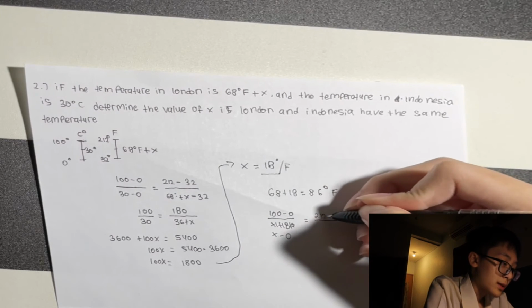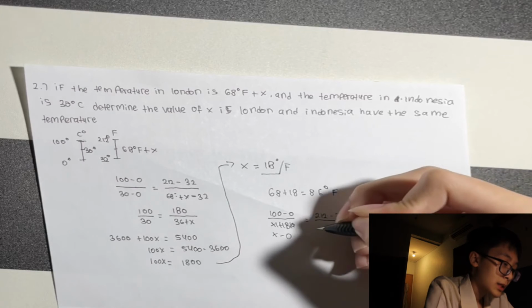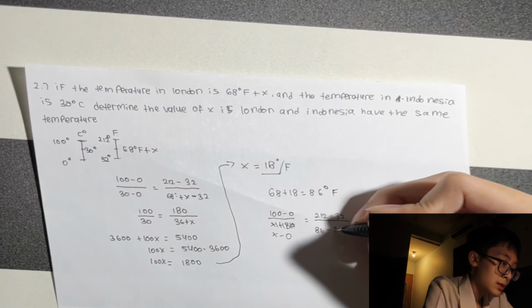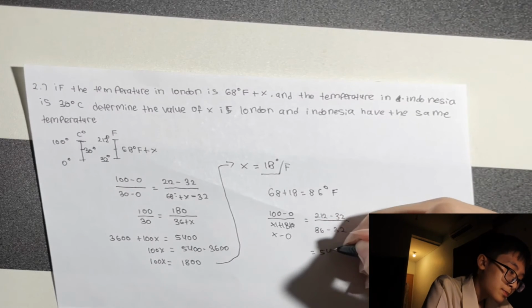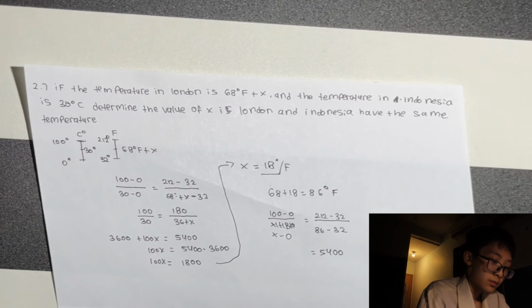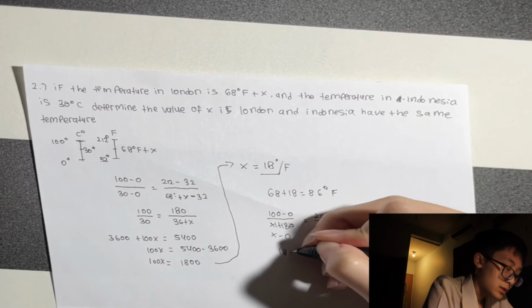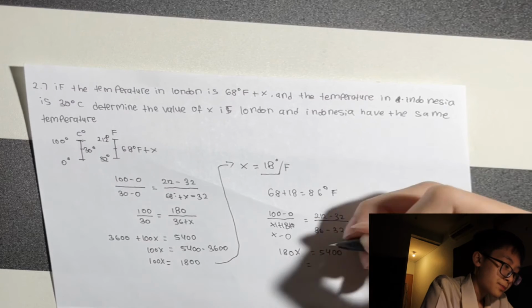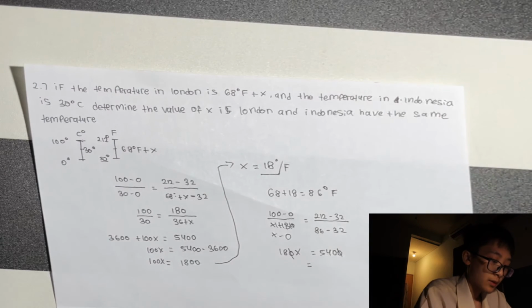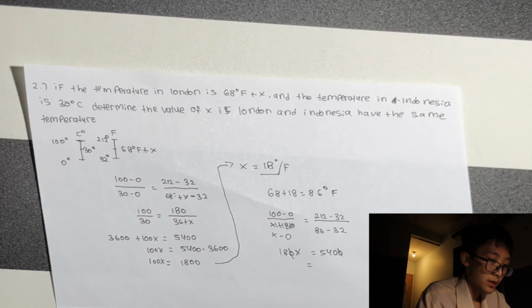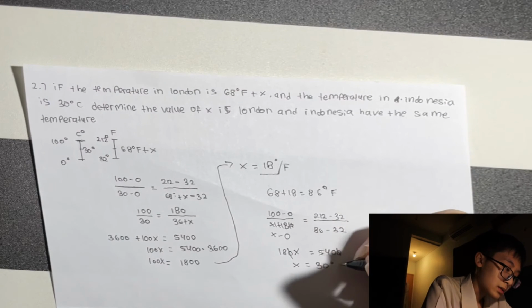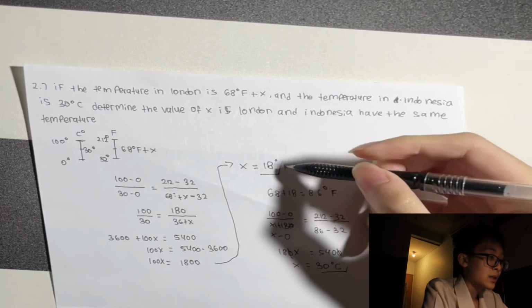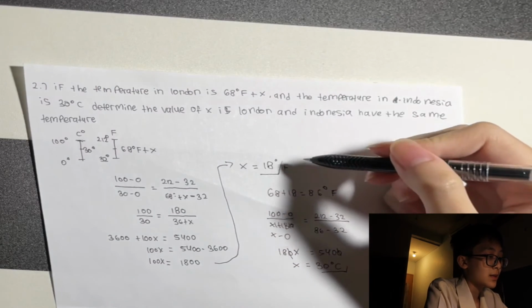So 212 minus 32, 86 minus 32. X, 540 divided by 18 is 30 degrees Celsius.